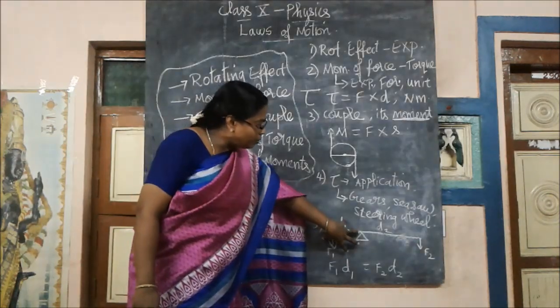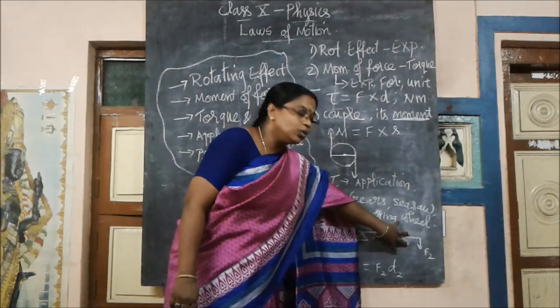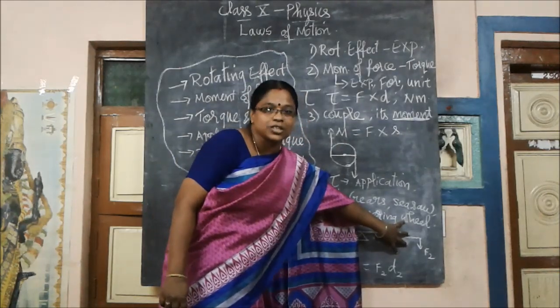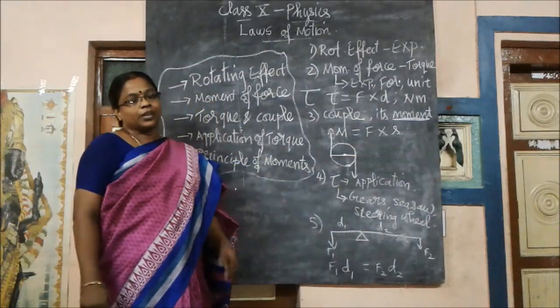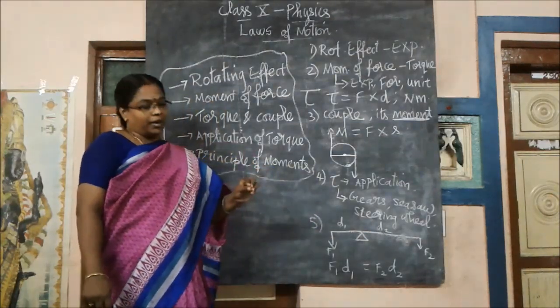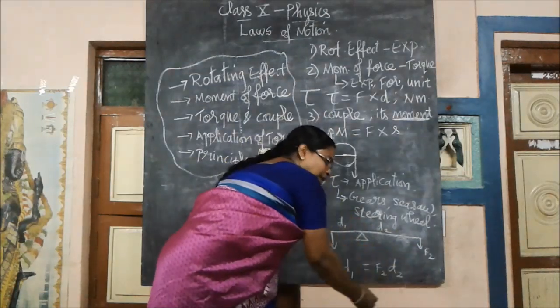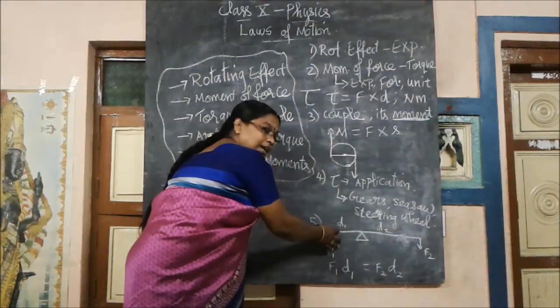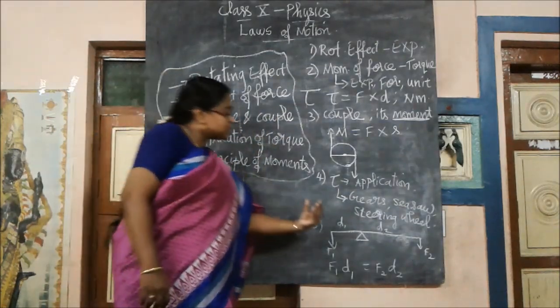Now the moments produced in this direction will be equal to the moments produced in that direction, right, under equilibrium condition. Now as a statement, this can be considered as clockwise moments, right, and this can be considered as anti-clockwise moments, right.